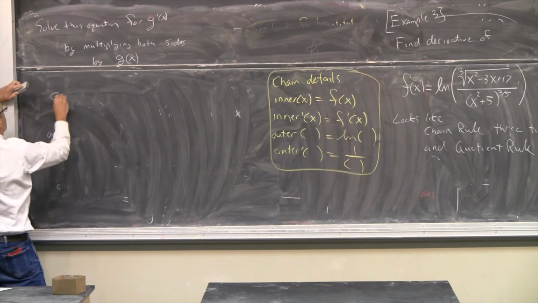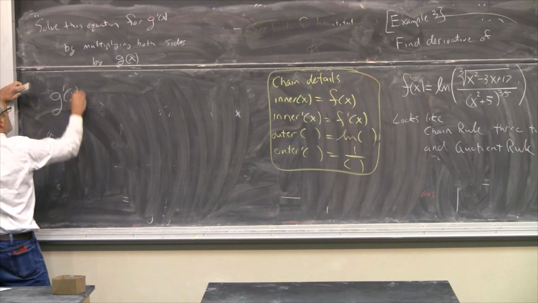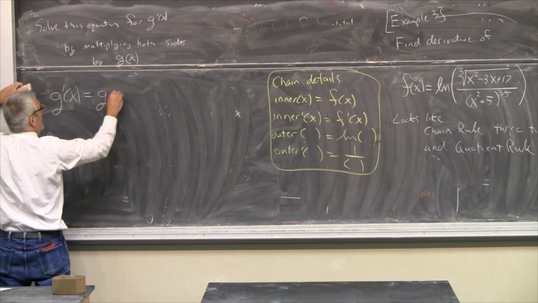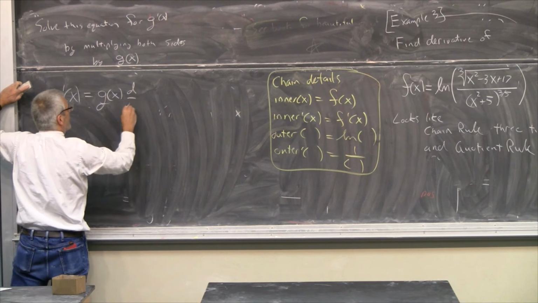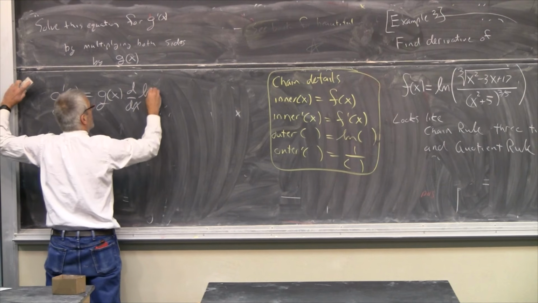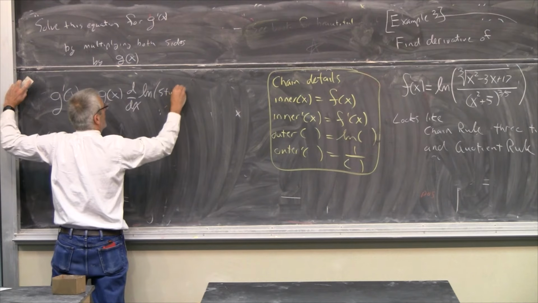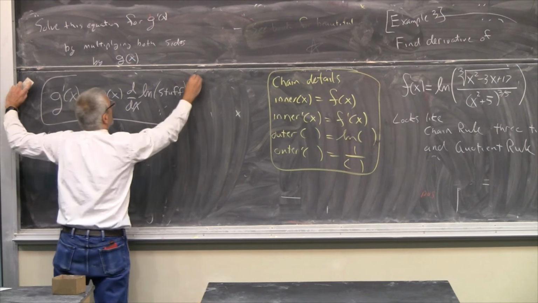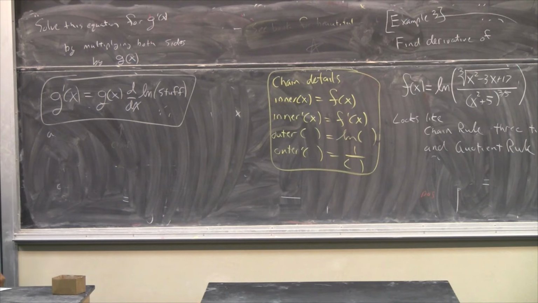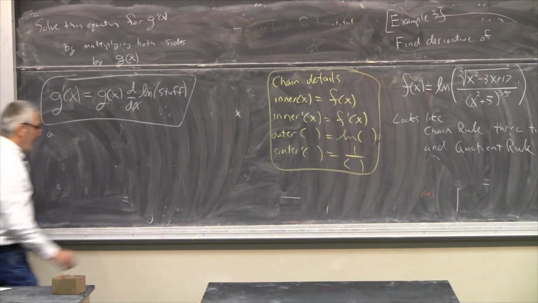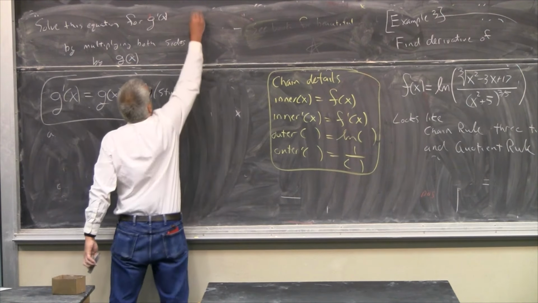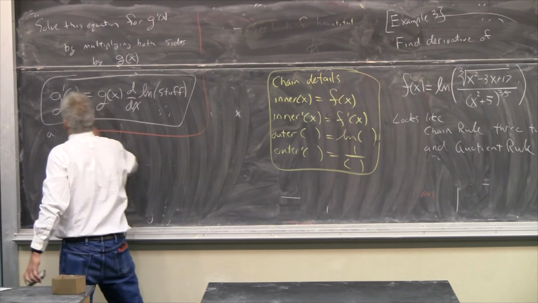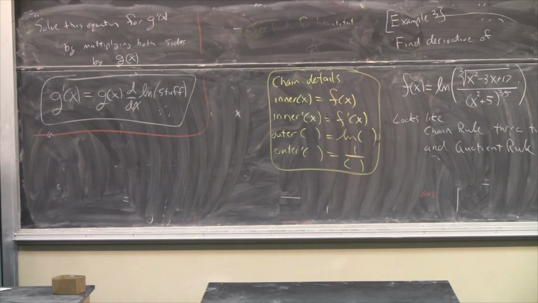So I end up with this, g prime of x equals g of x times the derivative of ln of all that stuff. This all looks very abstract, but that's what we get from this technique that's called logarithmic differentiation. And it's a trick. All of this stuff is the technique of logarithmic differentiation.